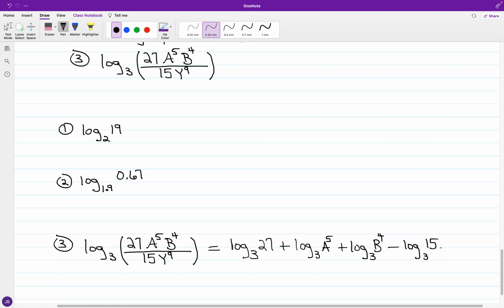Okay, so we have minus the base 3 logarithm of 15 minus the base 3 logarithm of y to the 9th.